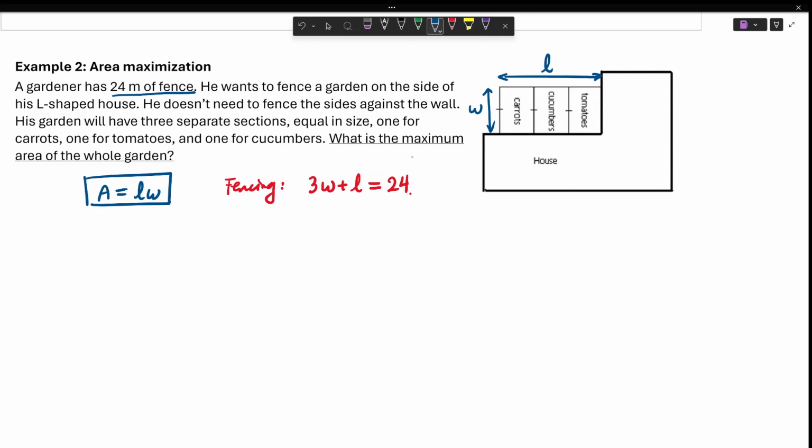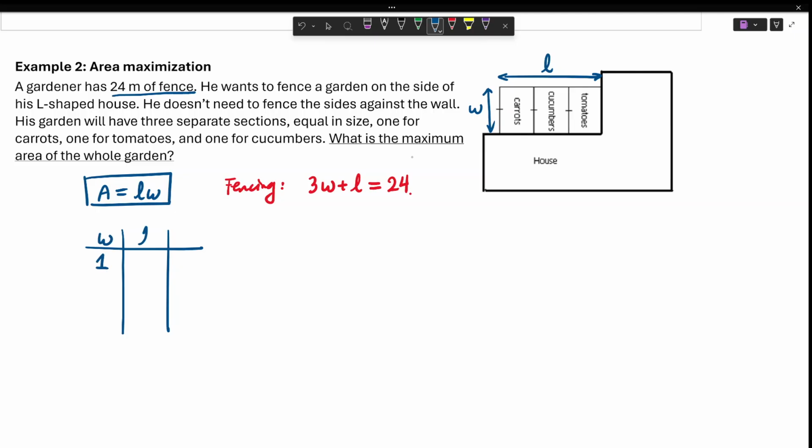To give you some idea of what that means, in case that was non-intuitive to you, let's do some trial and error. Let's say you choose the width of the garden to be 1 meter.